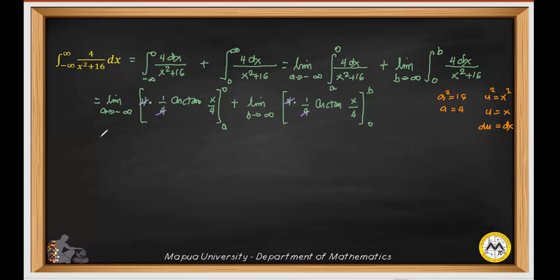Okay, therefore, this gives us the limit as a decreases without bound of arctangent of x over 4 to be evaluated from the lower limit a to the upper limit 0, plus the limit as b increases without bound of arctangent of x over 4 to be evaluated from the lower limit 0 to the upper limit b.